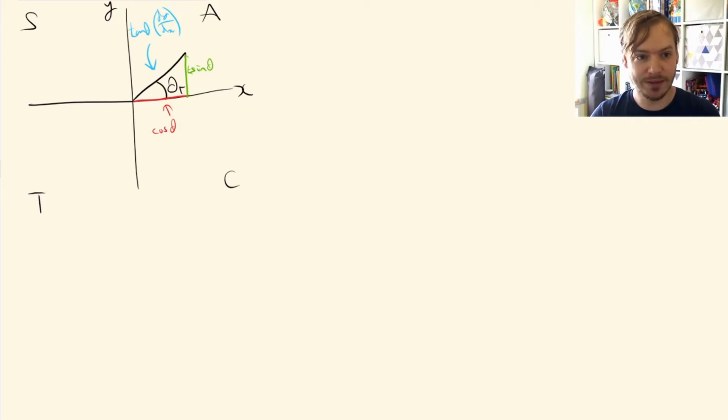And what that means is that if I take this same angle here, but I draw it over here instead, then what I get is the exact same size for cos theta, but now it's negative, the exact same sine theta, and the same gradient, but now it's negative.